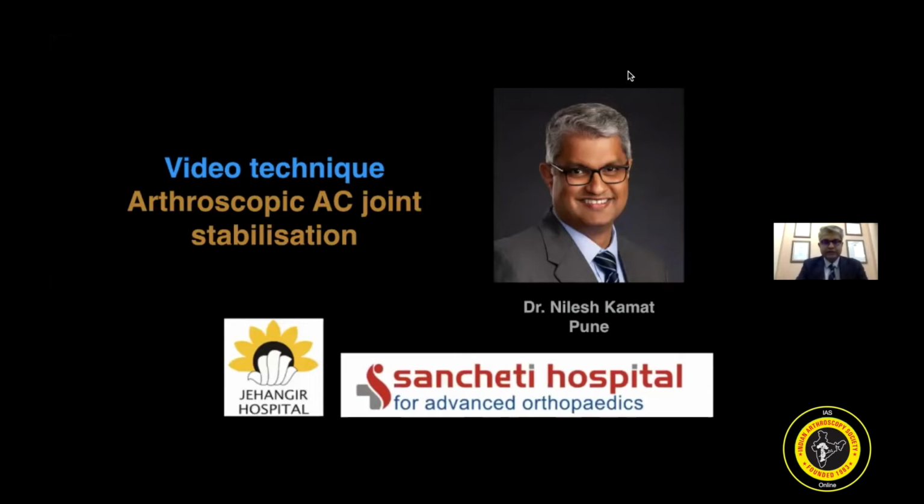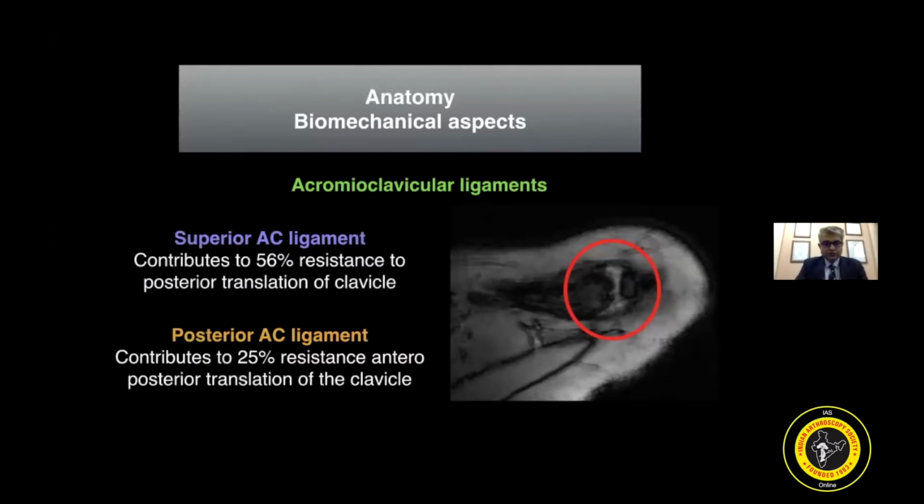Today, I shall be presenting a video technique for arthroscopic acromioclavicular joint stabilization. We all know that the acromioclavicular joint's ligaments provide stability in a superior and a posterior direction.